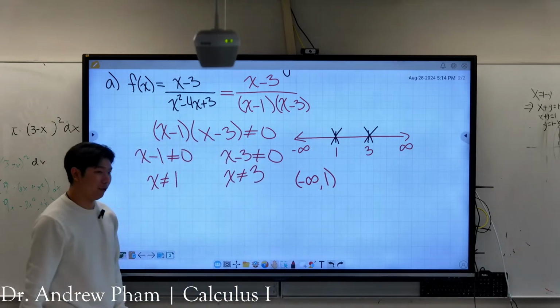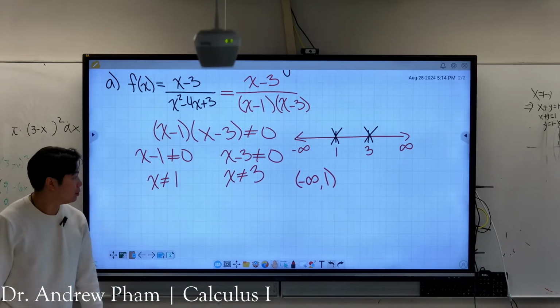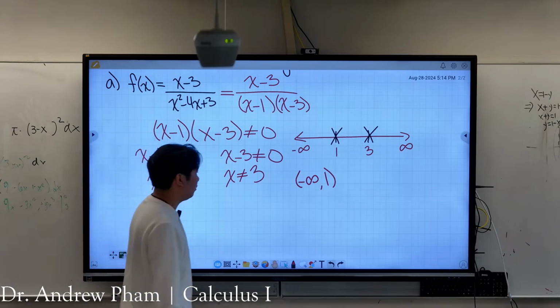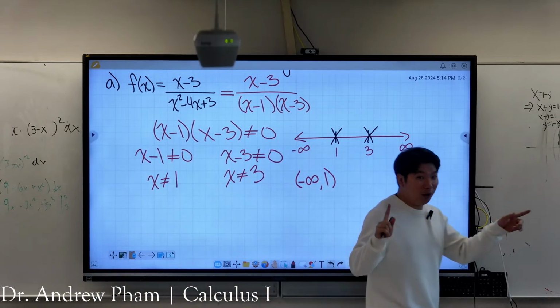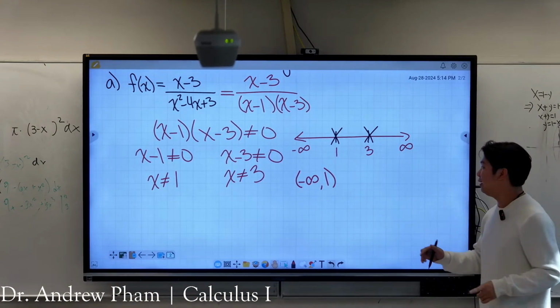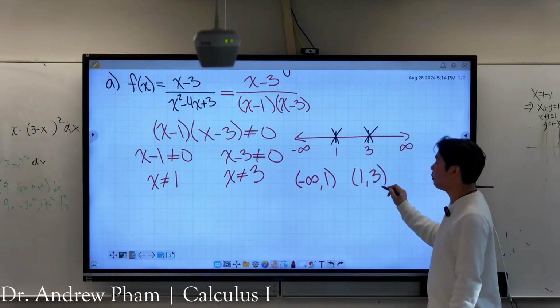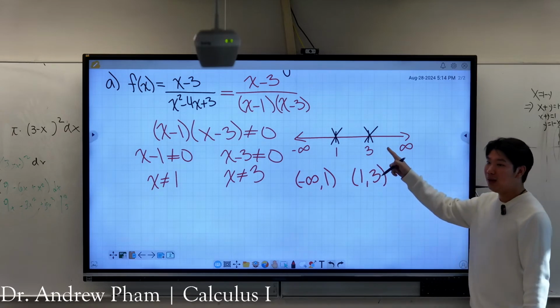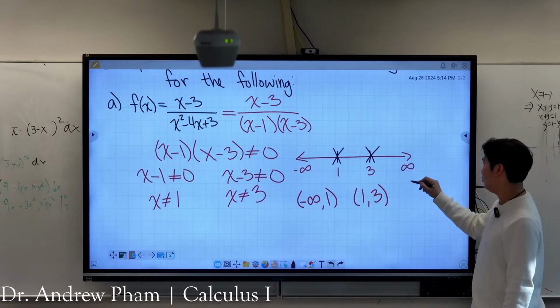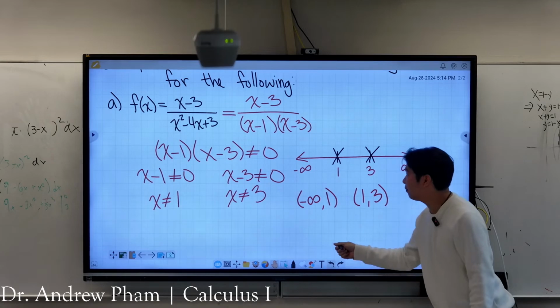What's my second interval based off what I'm seeing here? Technically both correct answers, just different order. We have 1 to 3, because I can use those numbers in between. And I also got 3 to infinity.